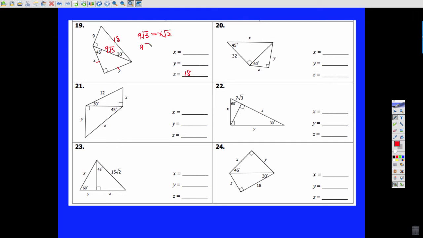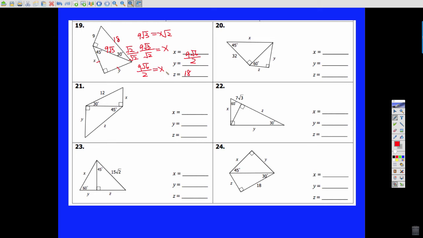Therefore, I divide by root 2. Now I need to simplify this by multiplying root 2 over root 2. So I would have 2 in the denominator, root 2 times root 3 gives me root 6, and then 9 stays. So that is my x and y. Both of them equal 9 root 6 over 2. Okay.